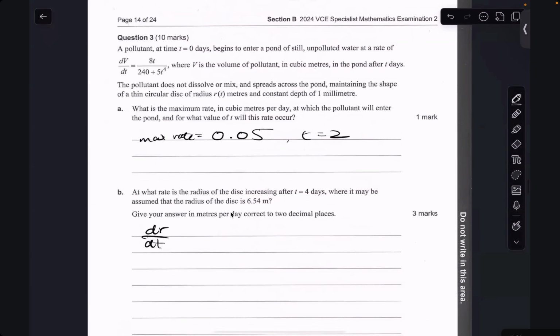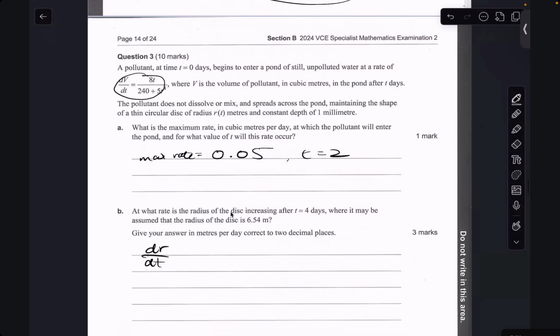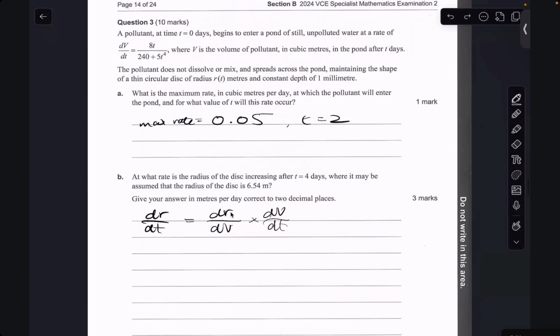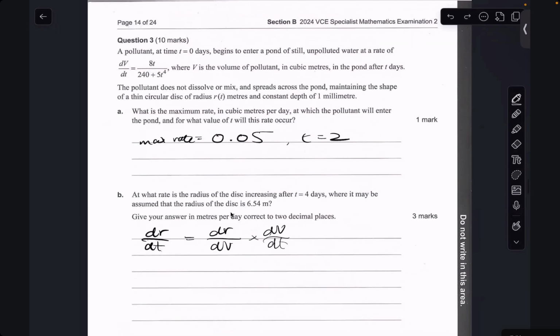So if this is dV dt, then that's dr over dV times dV over dt. Now what's dV dr? This looks like that, and that's got a height of 1.